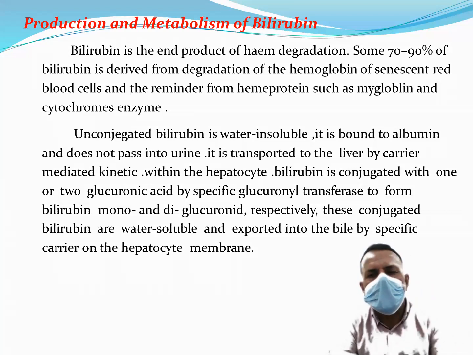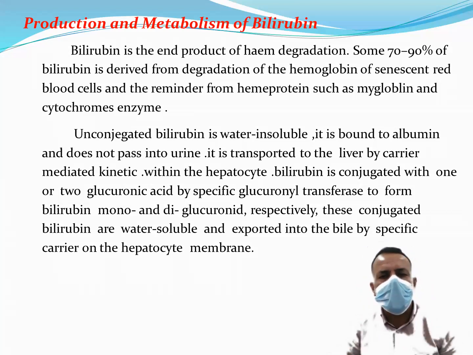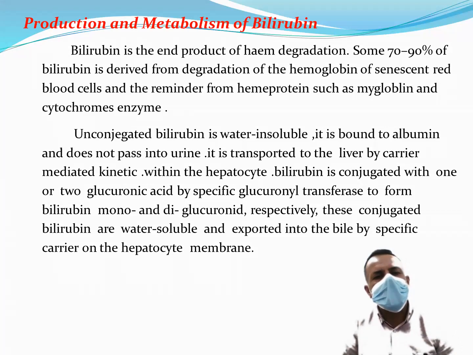About 70 to 90% of the bilirubin is derived from the degradation of senescent RBCs, and the remainder from hemoproteins such as myoglobin and cytochrome enzymes. The major part of the bilirubin comes from the senescent, meaning old, RBC destruction.